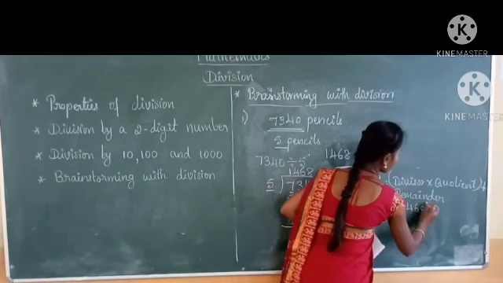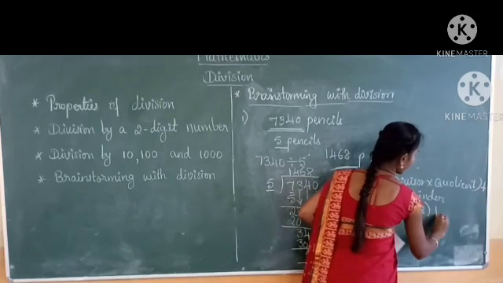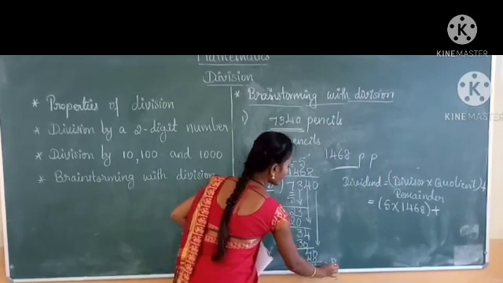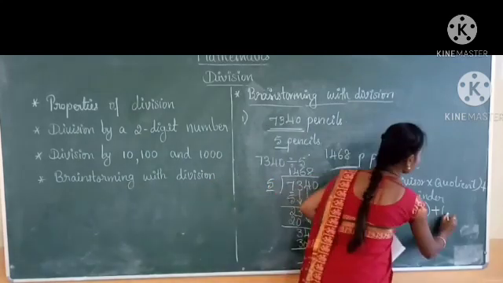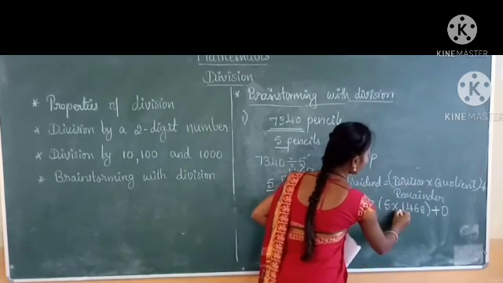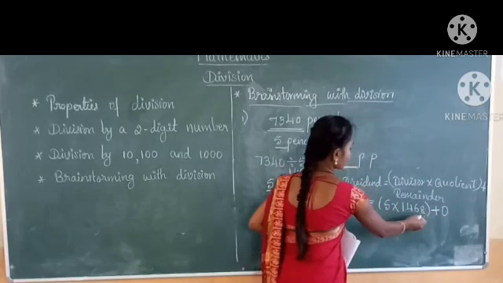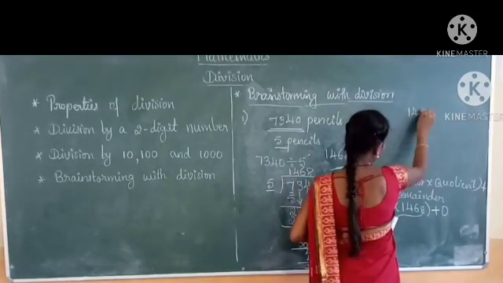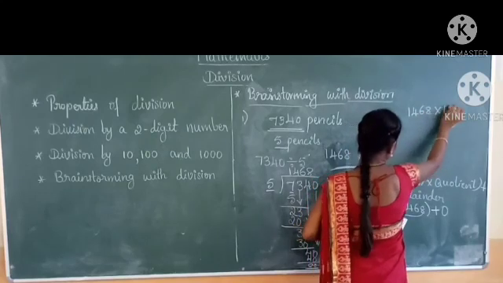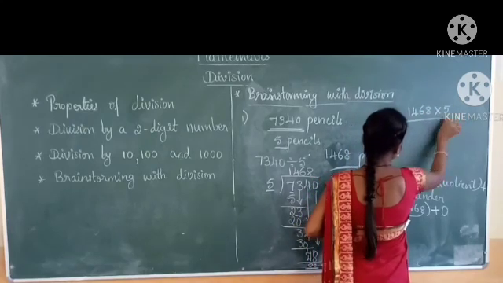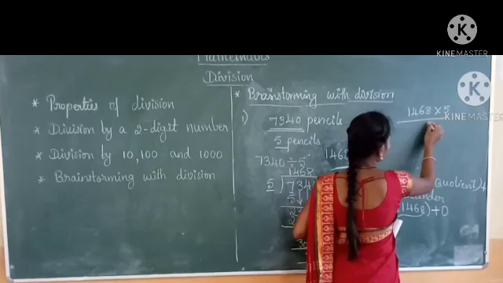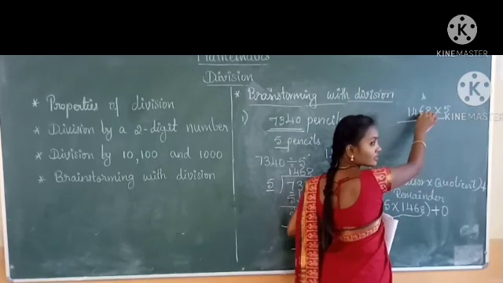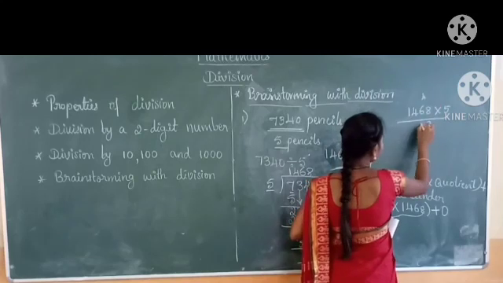1468. Then close the bracket. Next here plus is there. Write plus. Then remainder. Here remainder is 0. So write 0. Next 5 into 1468. Multiply these two. 5 8s are 40. For 40 write 0 and take 4 as carry. 5 6s are 30. 30 plus 4, 34.